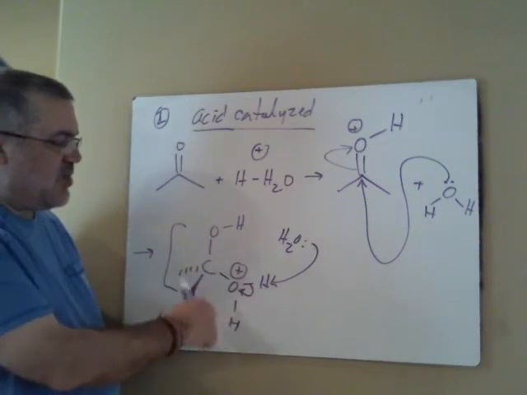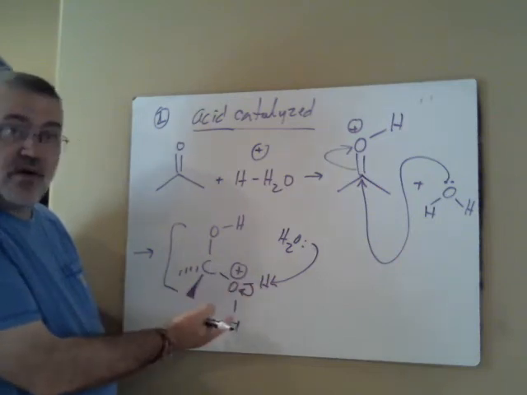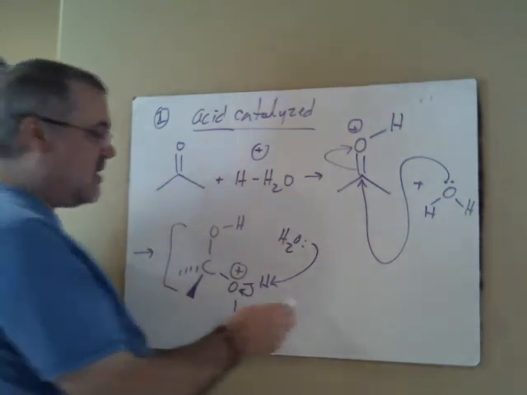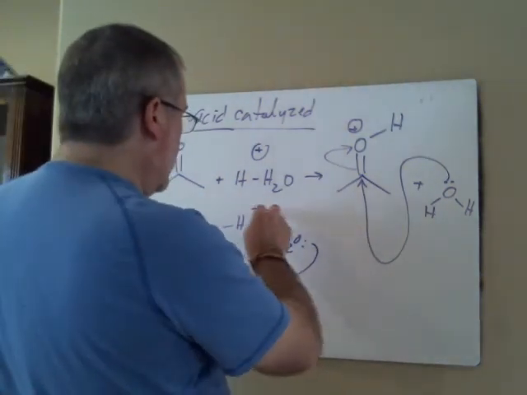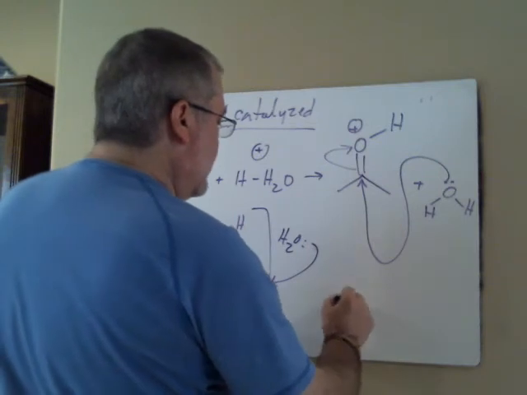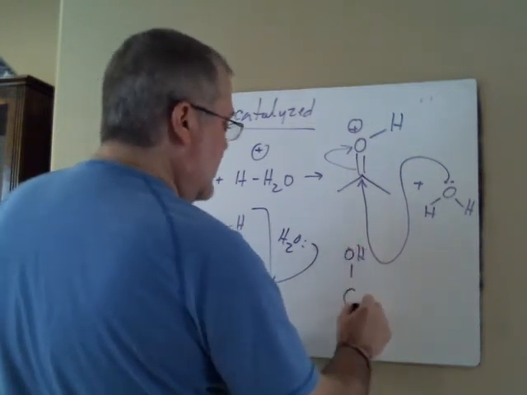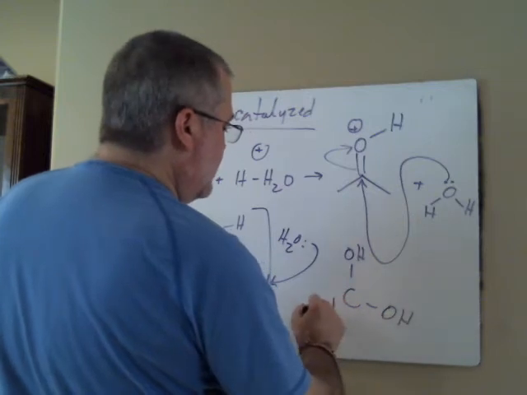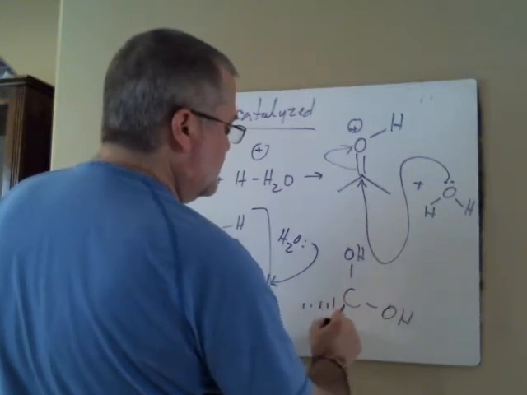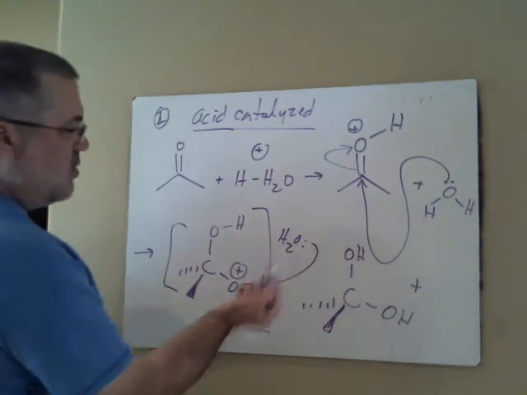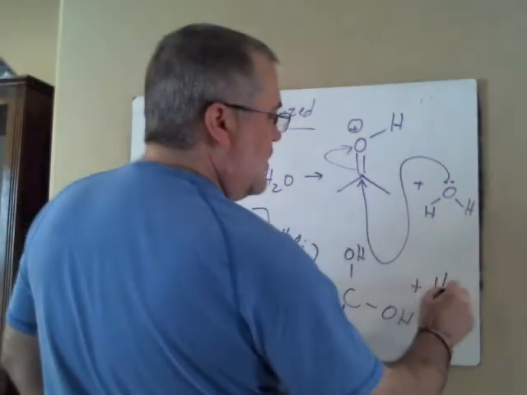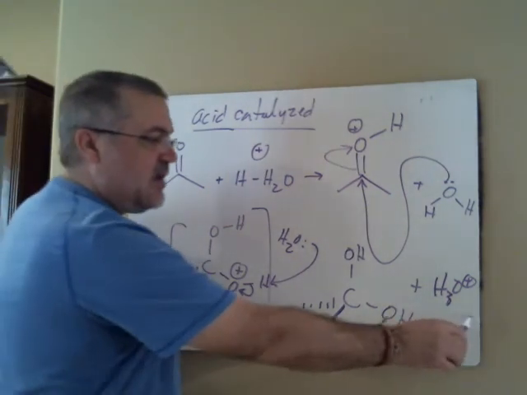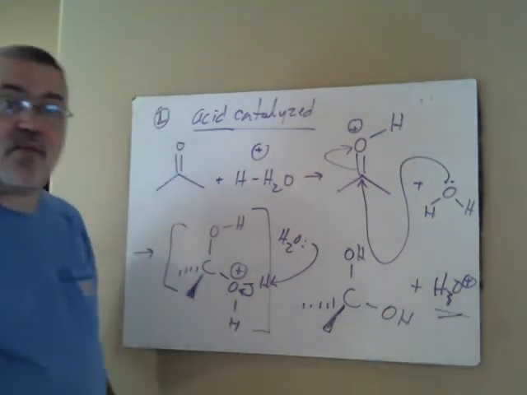Wherever I have a protonated water that's added to something, I'm always going to pull the proton off in the end. The result of that is I've now deprotonated, so I get the gem diol. But here, pulling this proton off, I formed another H3O plus in my reaction. The catalyst is now regenerated.